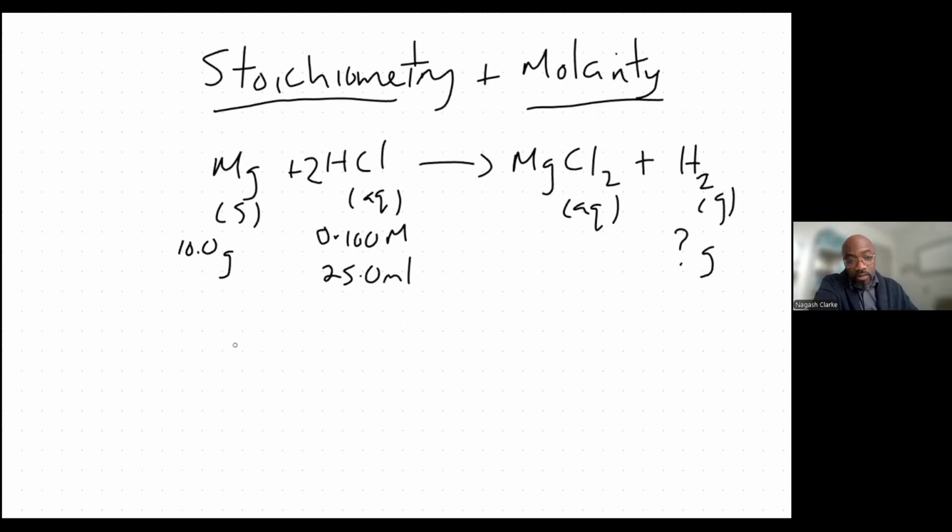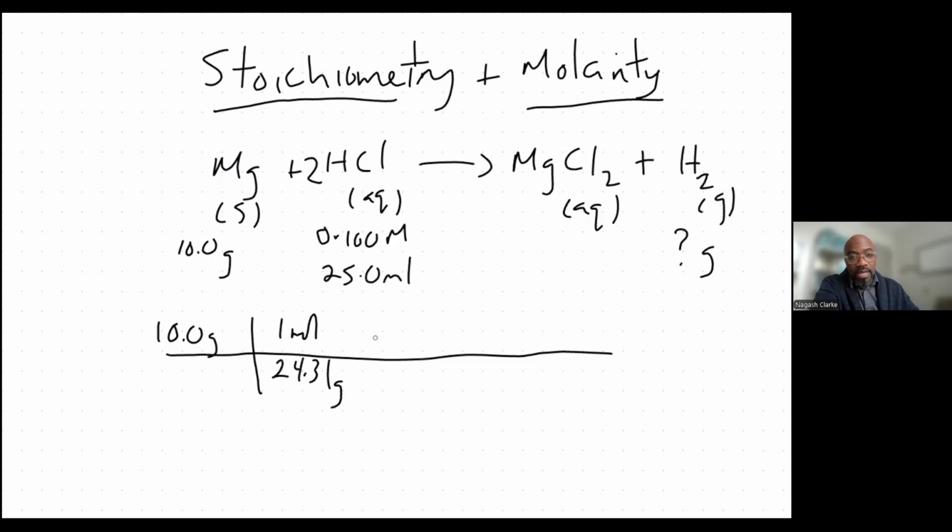So I need to do two different stoichiometric determinations. I need to figure out what's going on with magnesium because I need to see which is a limiting reactant. So the molar mass of magnesium is 24.31 grams. So I'm going to find moles in this step. And then I'm looking at the ratio between H2 and magnesium. It's 1:1 H2.